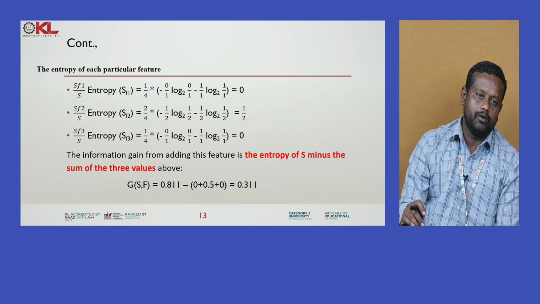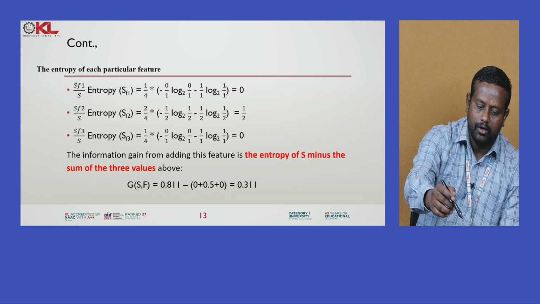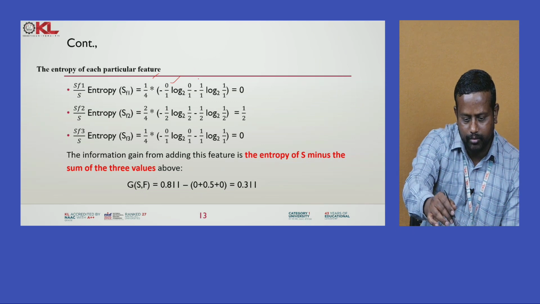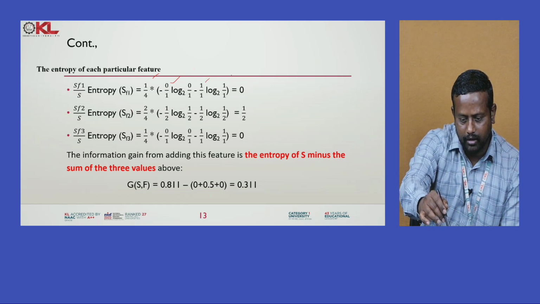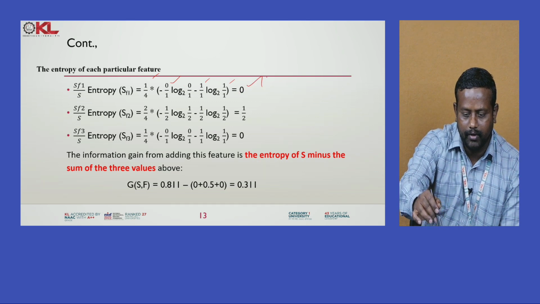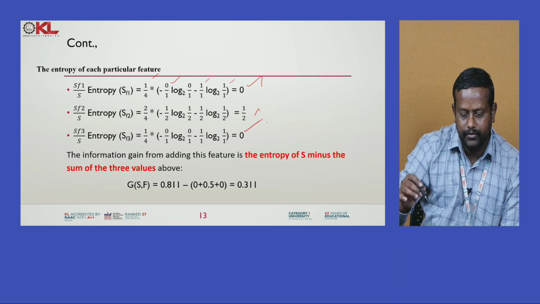So the entropy for F1 is equal to 1 by 4 multiplied by minus 0 by 1 log 2 0 by 1 minus 1 by 1 log 2 1 by 1. So we get the total value of 0, the second value is 1 by 2, and the third value is 0.